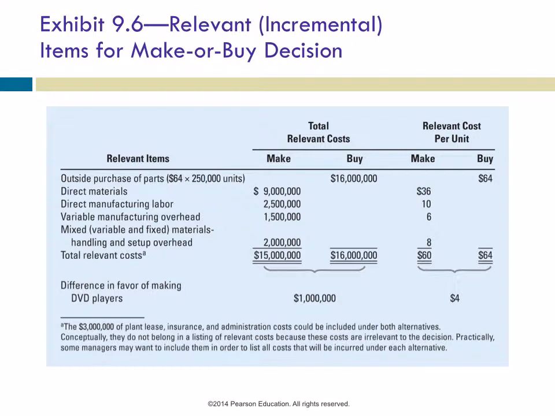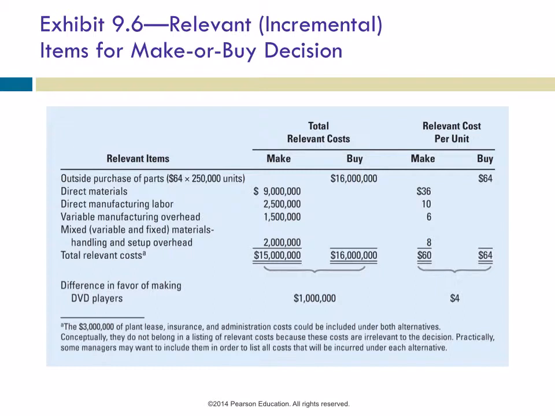That way you know that whatever's going into the relevant cost per unit is an actual relevant cost. So if we look down there, we can see that it's going to cost more per unit to buy than to make the DVD players, which is the subject of this example.